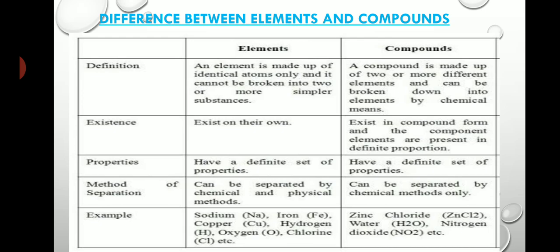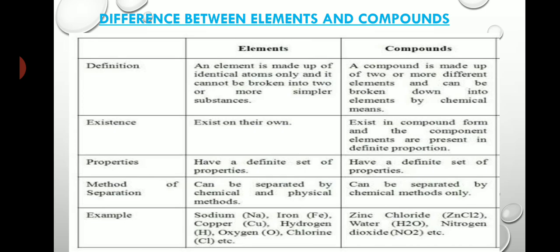Properties. Elements have a definite set of properties, and compounds also have a definite set of properties. So both elements and compounds have their definite set of properties. Method of separation. Elements can be separated by chemical and physical methods. Both methods you can apply to separate the element. But what about a compound?